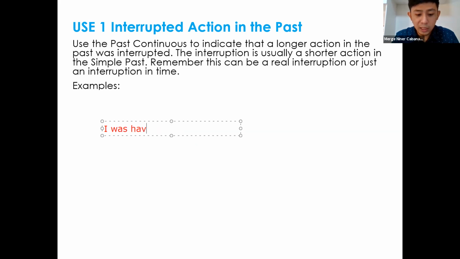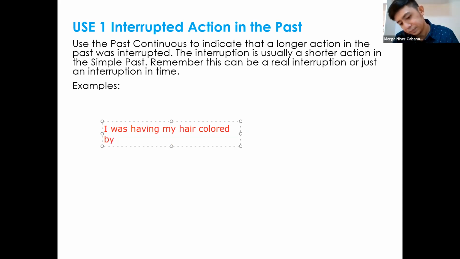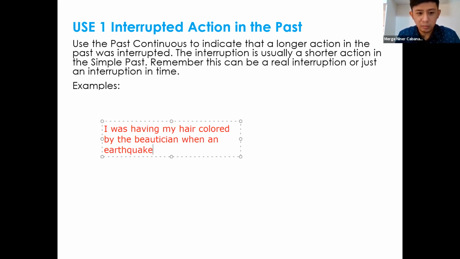I was having my hair colored by the beautician when an earthquake happened.